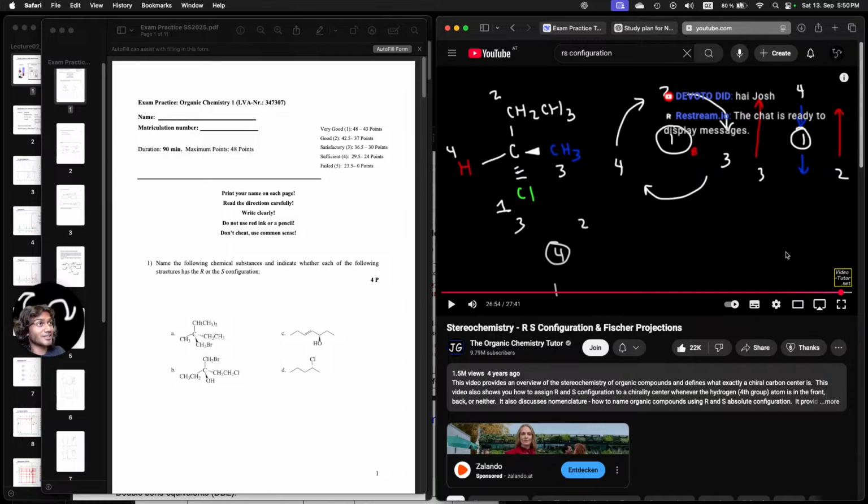I mean, we could just change it, but my greatest doubt would be how that'll be arranged. Let me see how it goes. This configuration. What's the name of the compound? 2S-2-chlorobutane.